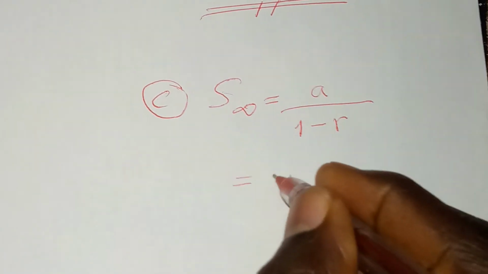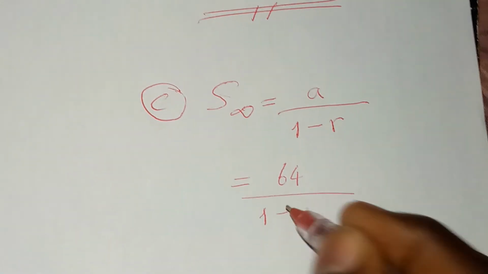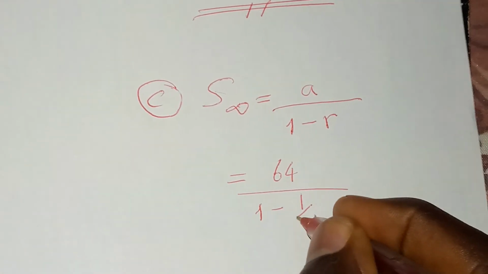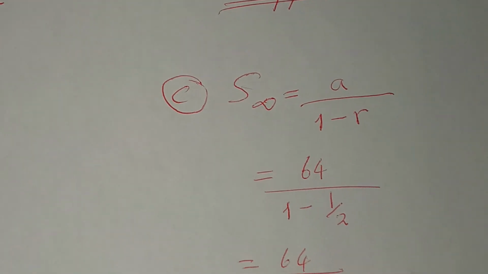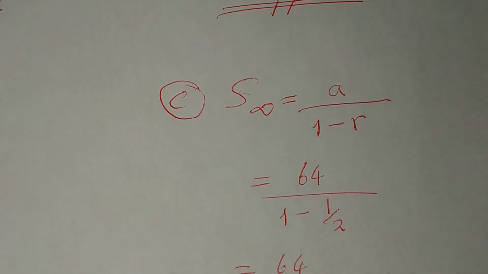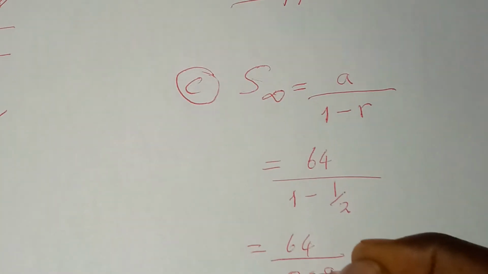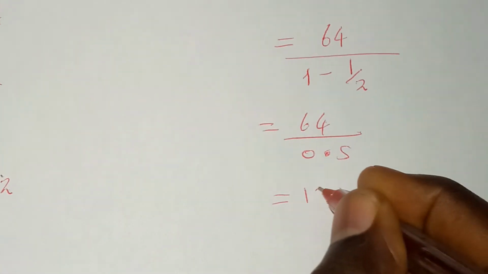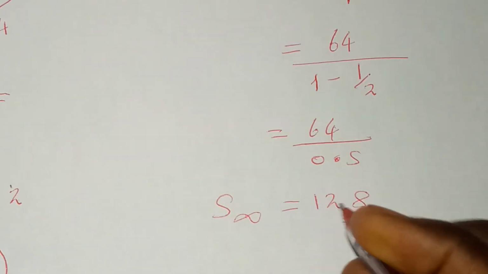So this is equal to the first term, which is 64, over 1 minus the common ratio, which is 1 over 2. So this is 64 divided by 0.5, when we say 1 minus half to give us 0.5, the same as half. Then finally, the sum to infinity will be equal to 128. So this is the sum to infinity.